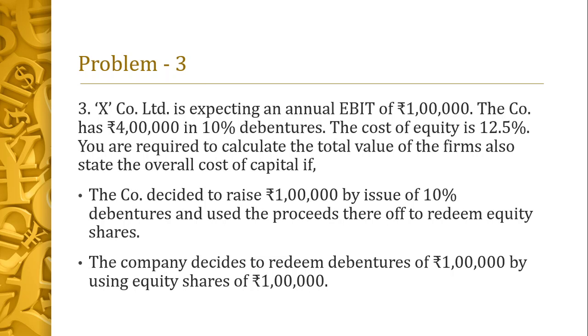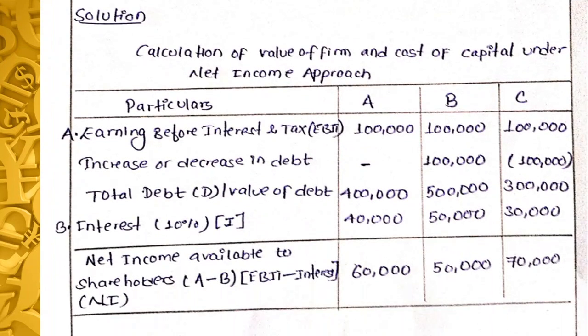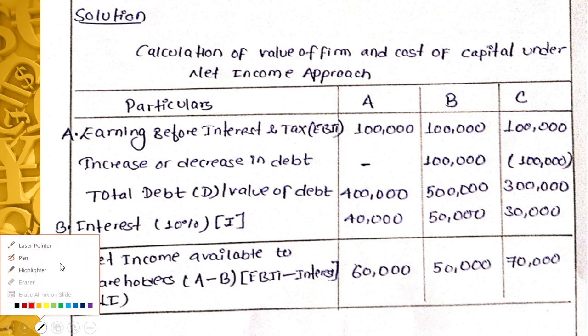Once you have earnings before interest and tax, you will have to deduct the interest, if any. The interest rate they have given is 10%. For situation A, there is no such condition, so the interest would be 10% on the current debt of the company. The current debt stands at 4 lakh.